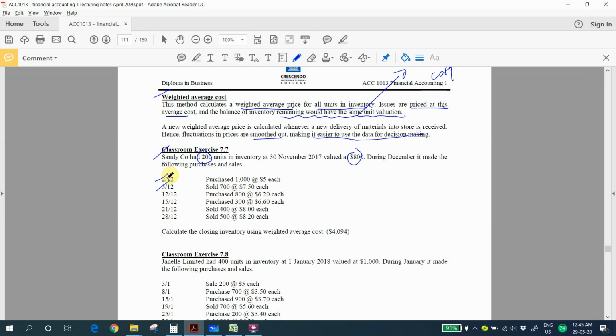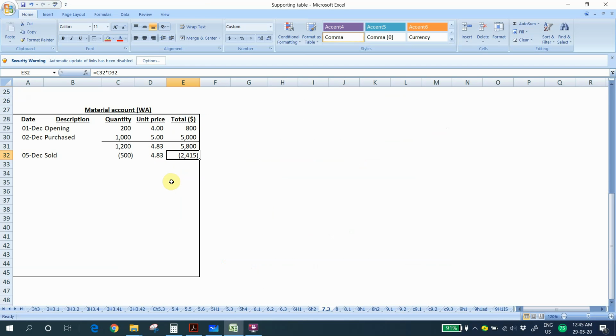Next, we purchase 800 units, right, on 12th of December. So what we need to do is we also have to get the latest value. And then we do the weighted average. Due to some rounding issue, you may find that the amount may be different, but that is okay.